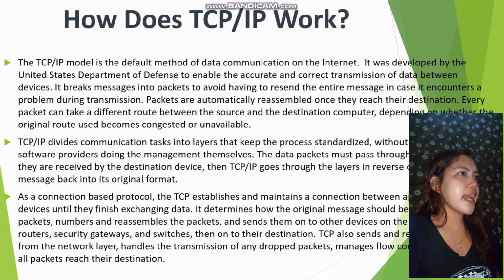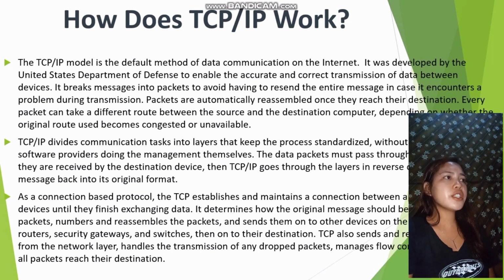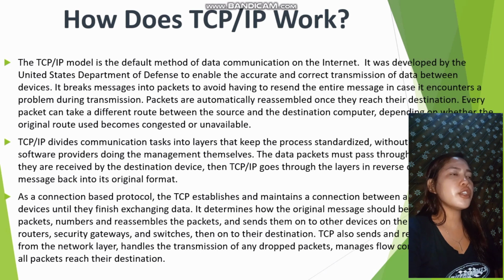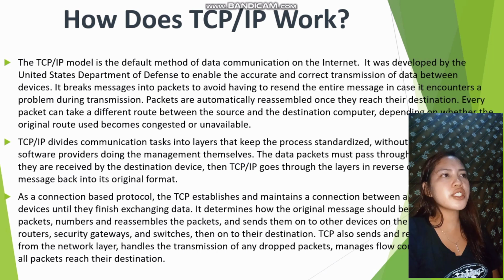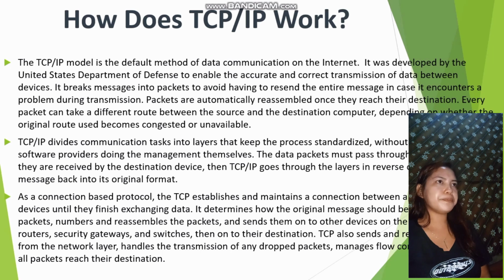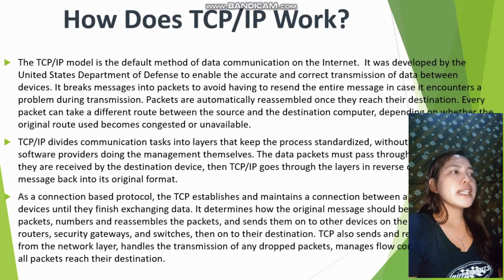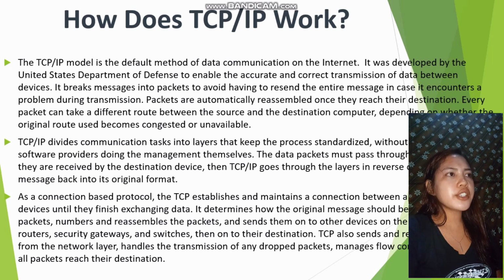Every packet can take a different route between the source and the destination computer depending on whether the original route used becomes congested or unavailable. TCP/IP divides communication tasks into layers that keep the process standardized, without hardware and software providers doing the management themselves.